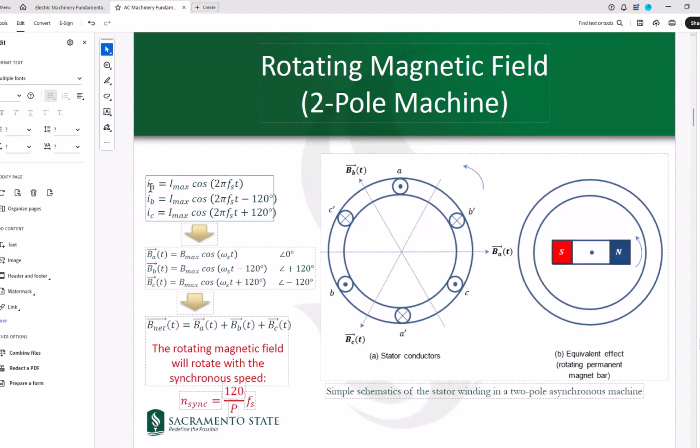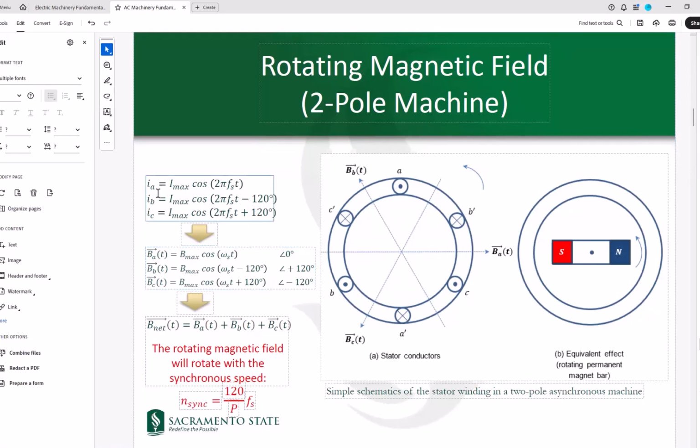Because of these currents, you would have MMF, which passes through the area, and that MMF would cause a flux density also. These are the flux densities. We all know that flux density is a vector variable, which means that with respect to space, it has some direction.